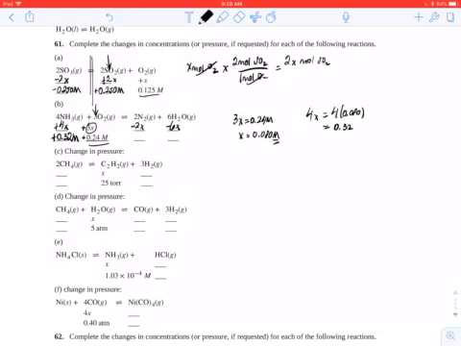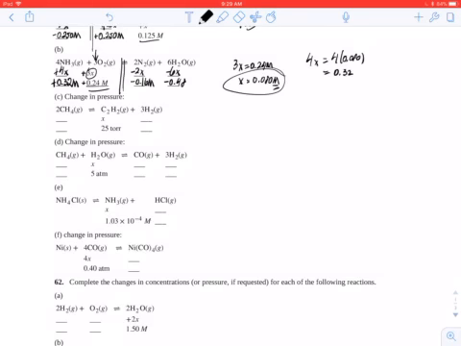So we just use that x here to calculate under nitrogen. It's minus 2x, or minus 2 times 0.08, which is 0.16. Under water vapor or steam, we have minus 6x, so 0.08 times 6 is minus 0.48. So you'll see how we have plus x's or plus amounts all on the left, and minus x's or minus amounts all on the right.